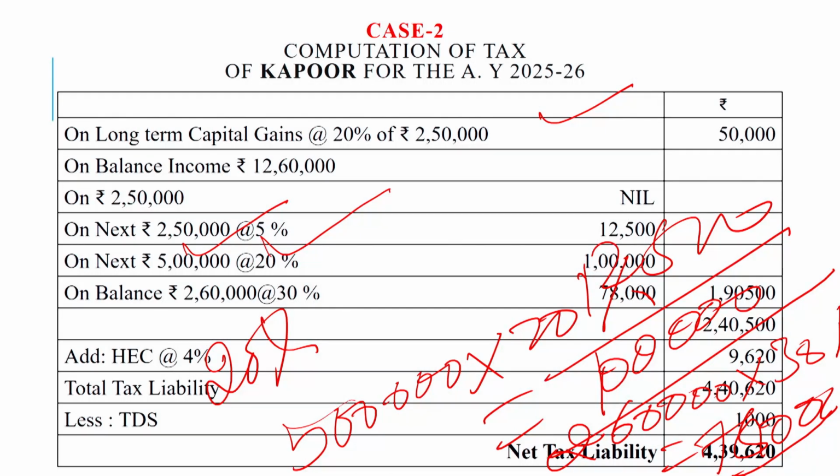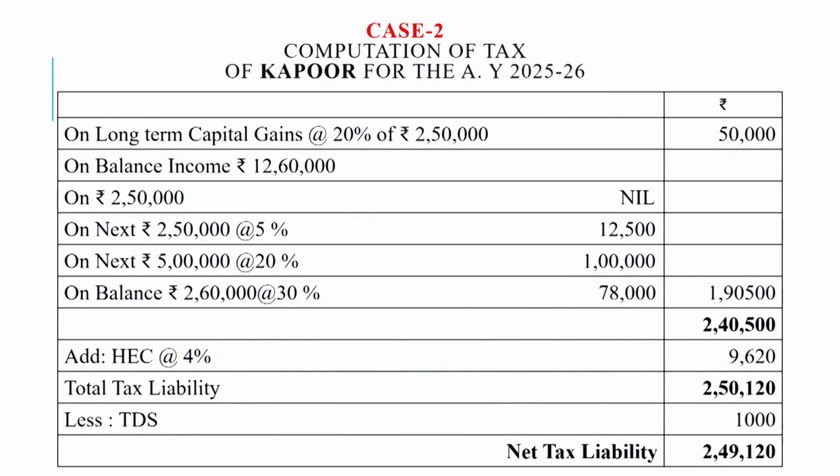HEC is calculated at the rate of 4% on rupees 2,40,500. That will come to 9,620.